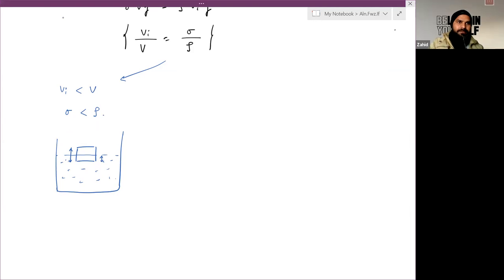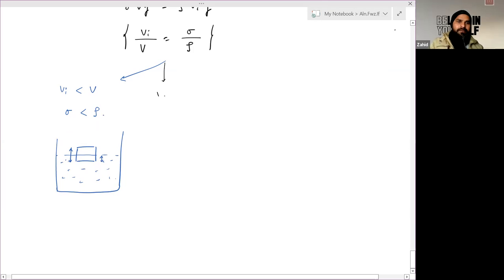Similarly, volume of object immersed equals to total volume. It means sigma and rho will become equal to each other. In this part, object will behave like this, completely immersed, but still floating.